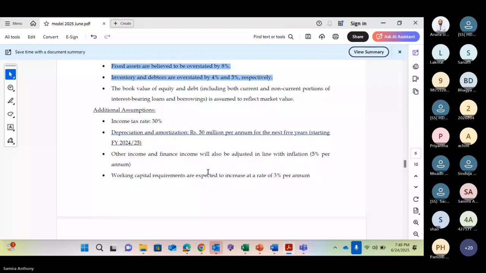Then what you need to do is assume depreciation and capital allowances are equal. Got it? Then you don't need to make any adjustments. Clear? You don't need to make any adjustment because depreciation and capital allowances are equal. That's the assumption you have to make when the examiner is silent about capital allowances.